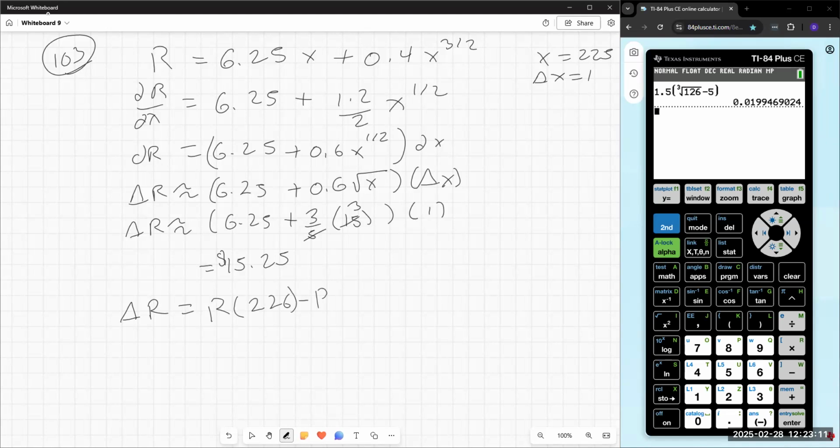And delta R is exactly R of 226 minus R of 225.